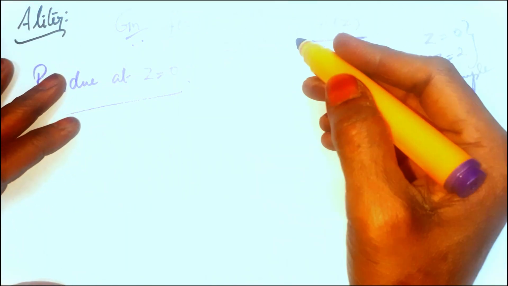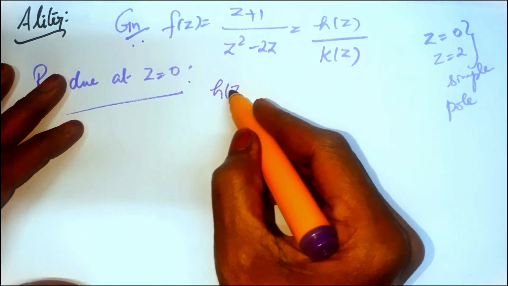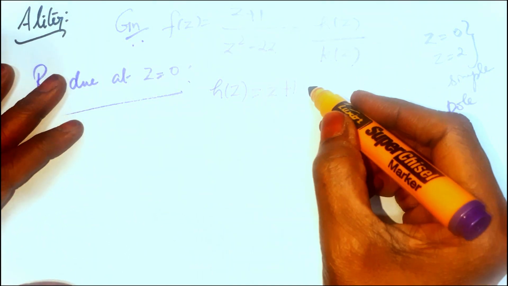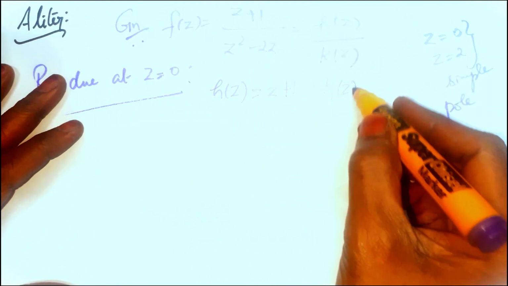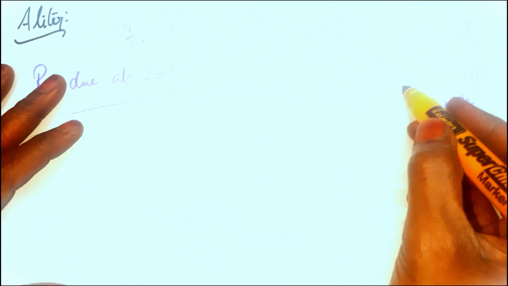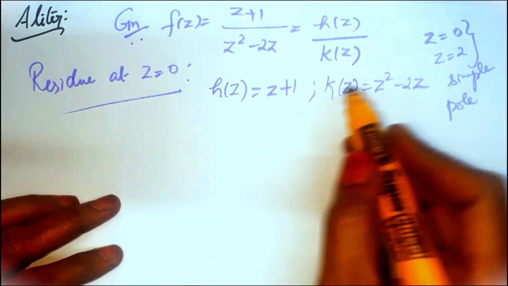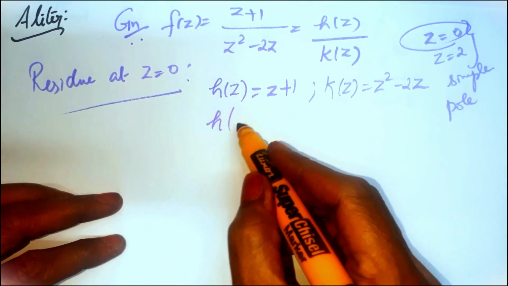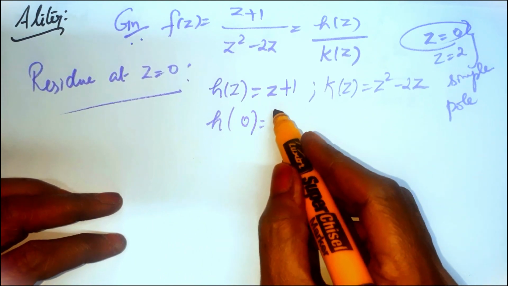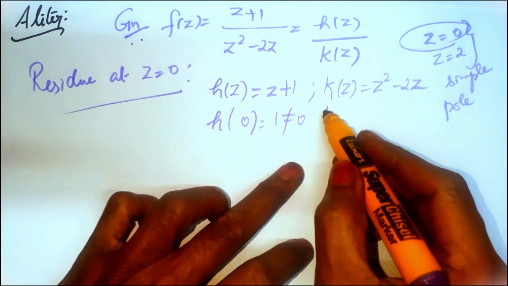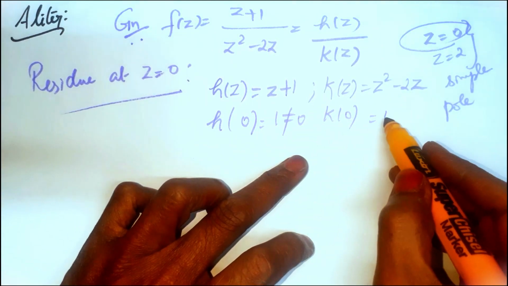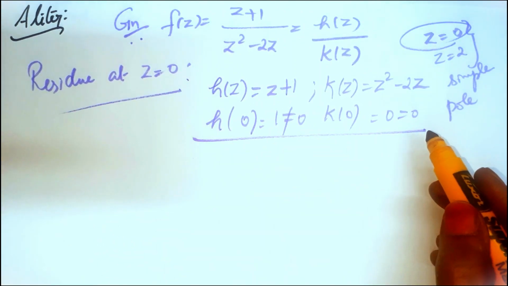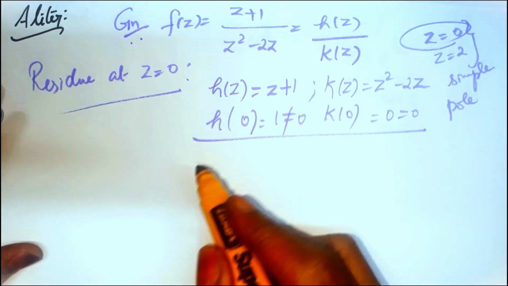For that, first what is h of z? The numerator term is h of z, z plus 1, and the denominator is k of z. K of z is equal to z squared minus 2z, right? So when we take 0, we have to substitute h of 0. H of 0 is 1, which is not equal to 0. But k of 0 is equal to 0. So the condition is satisfied. Now we can apply the result.